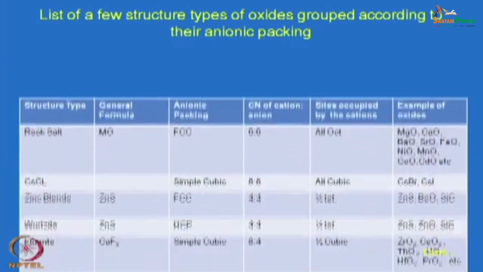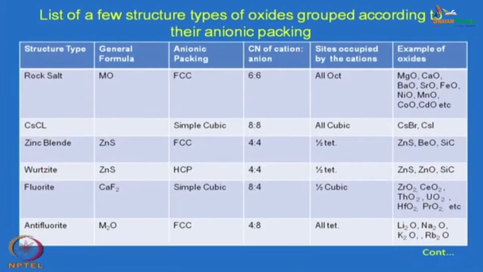not discussed so far. The very first thing we want to discuss is a consolidated picture of what we have already discussed, that is a list of different compounds, primarily oxides, some sulfides maybe, and their crystal structures.